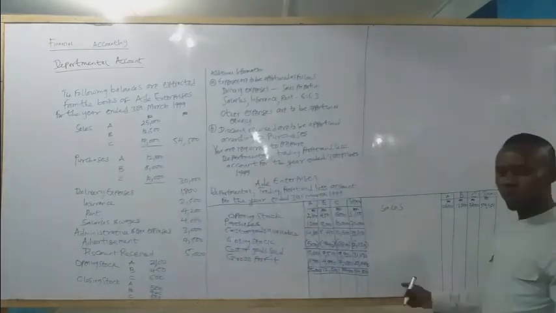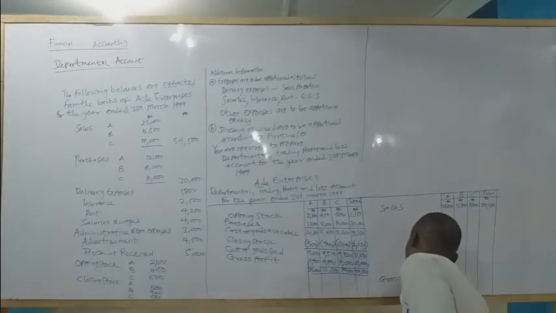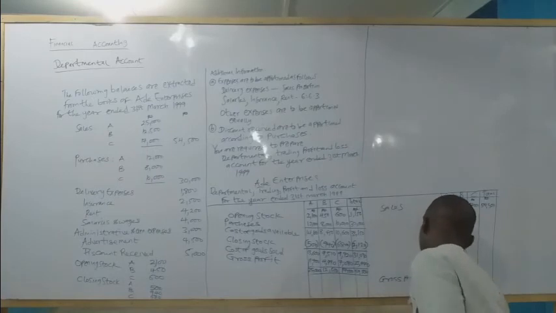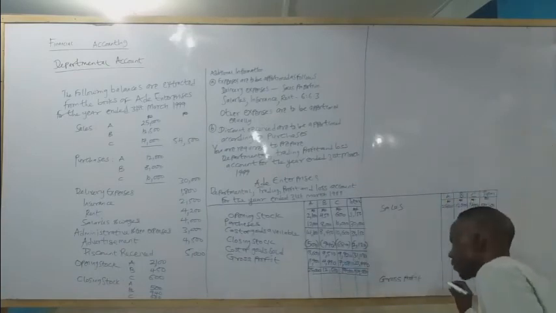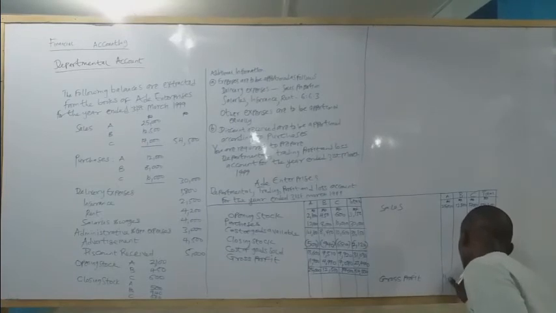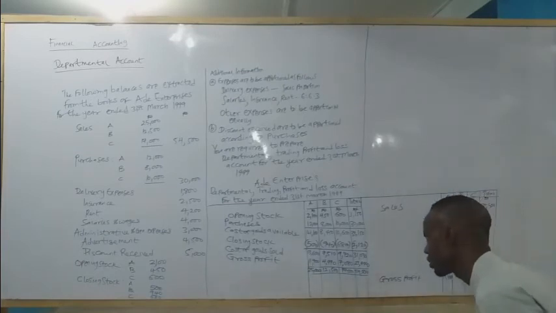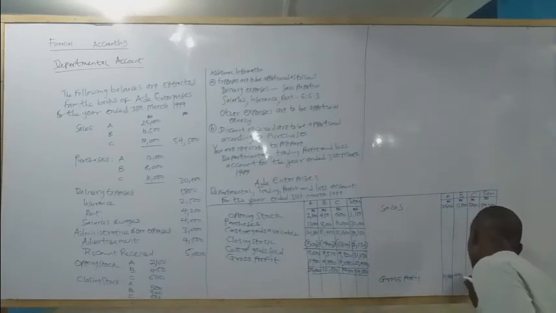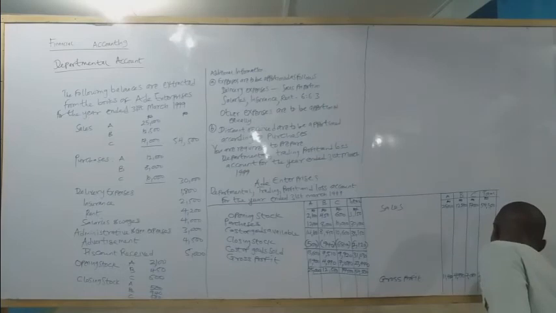So you can take our gross profit towards the profit and loss account. So you have our gross profit here. We bring everything here: 11,400, 4,990, 7,080, and 23,470.